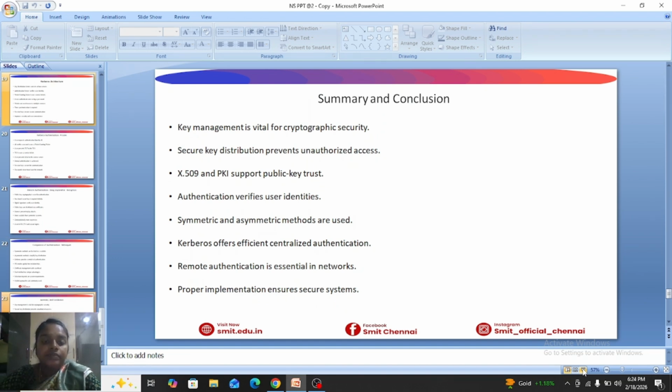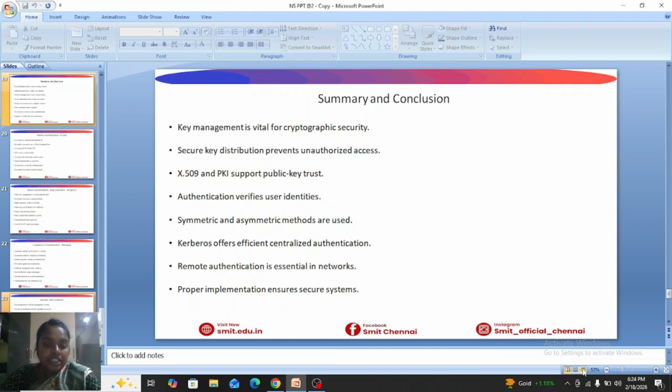Let us end the session. First, we have discussed key management, which is vital for cryptographic security. Second, we have spoken about how secure key distribution prevents unauthorized access. Third, we have discussed certificates. X.509 and PKI support public key trust.